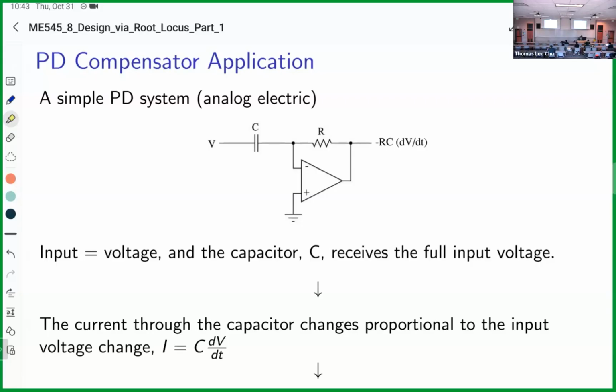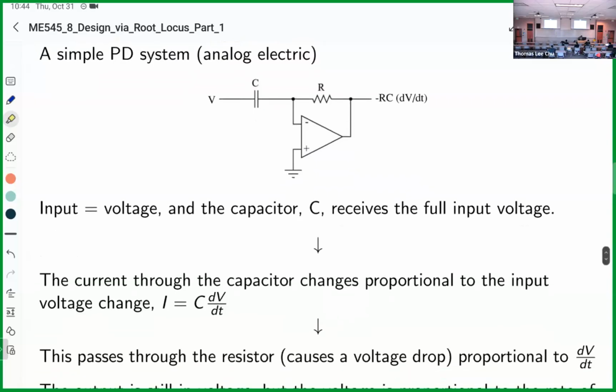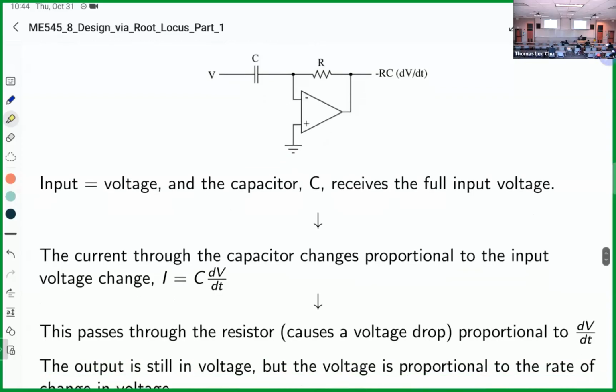Here, basically the input is voltage, and the capacitor will receive the full input voltage. Then the current through the capacitor changes proportional to the input voltage, meaning that this is a derivative relationship. So when we measure the output, we're actually seeing the change in the input. The size of the output is going to be proportional to the change in the input based off of this wiring.